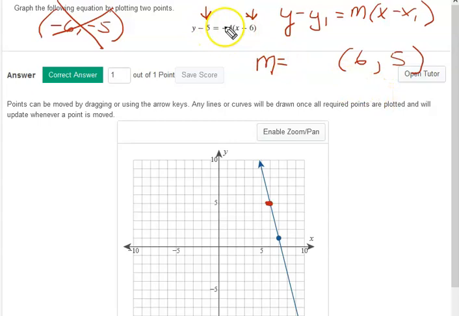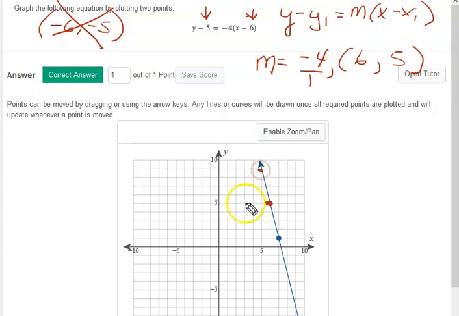Well, what's the slope then of this? Well, we said the slope is what's in front of the second set of parentheses there, and that is -4. Now, -4 is a -4 over 1. So we said we could go over 1 here and up 4 and get this point.